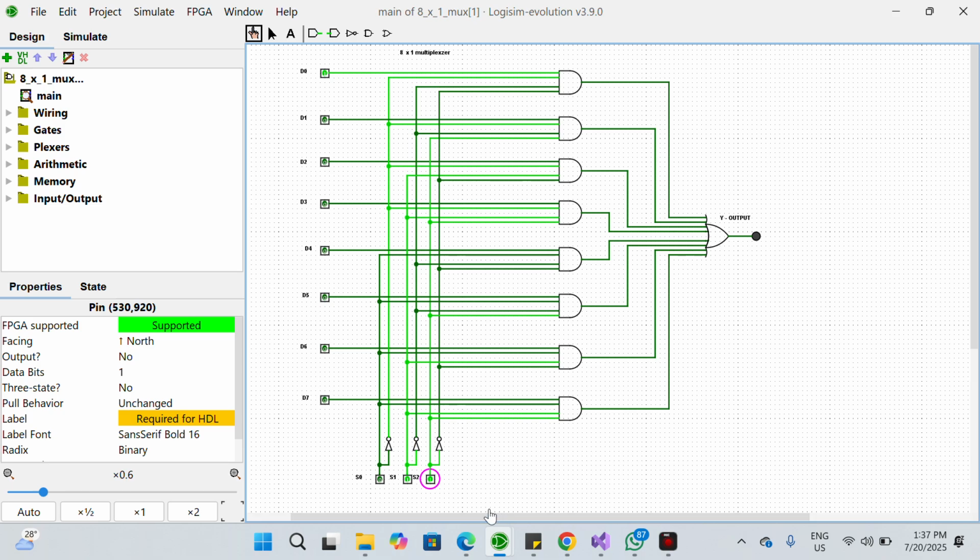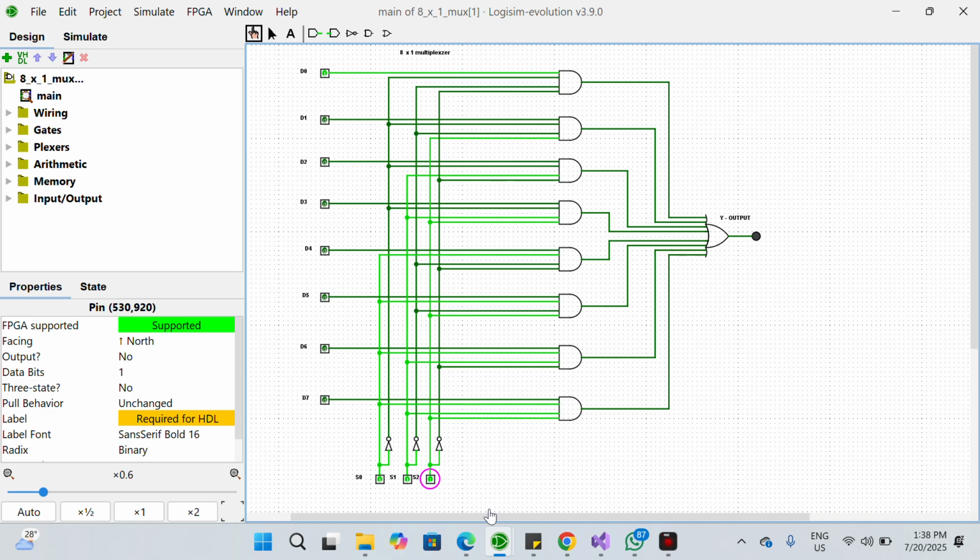So for example, if S2, S1 and S0 are all 0, input D0 is selected.